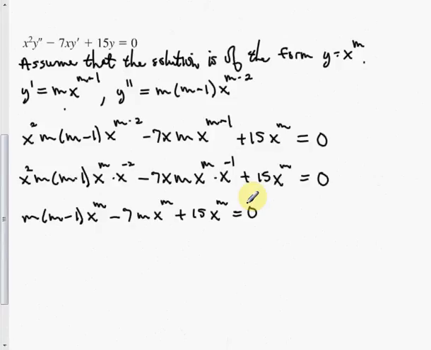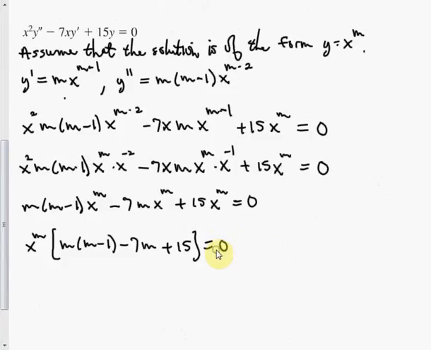Well, we can factor out x to the m, right, from all three of these expressions. X to the m comes out. So I have here m times m minus 1 minus 7m plus 15. That's all equal to 0.